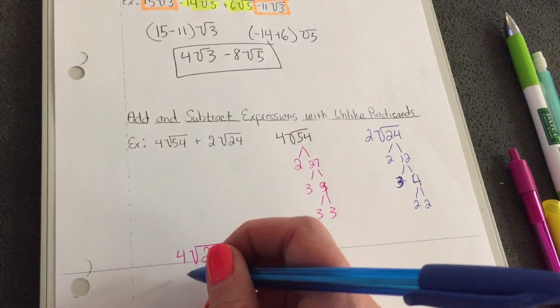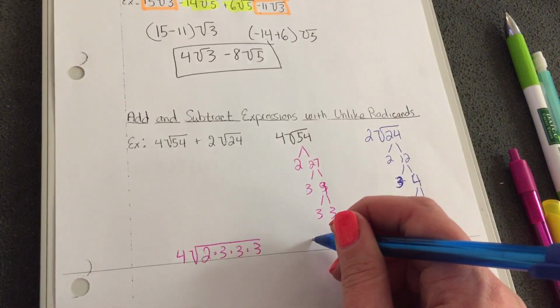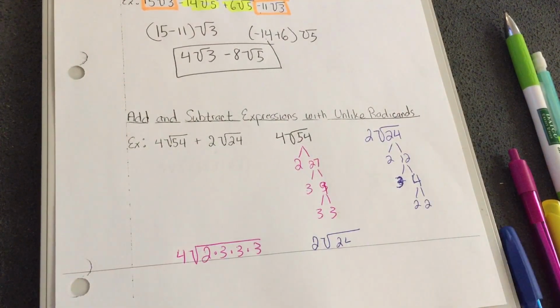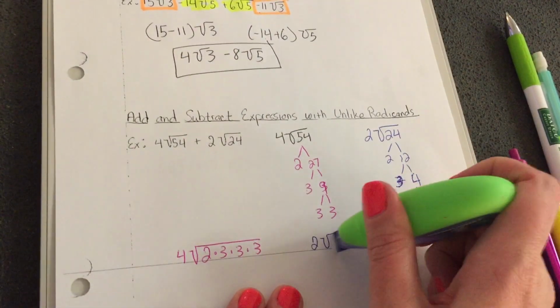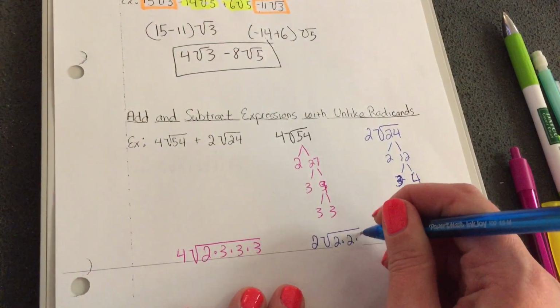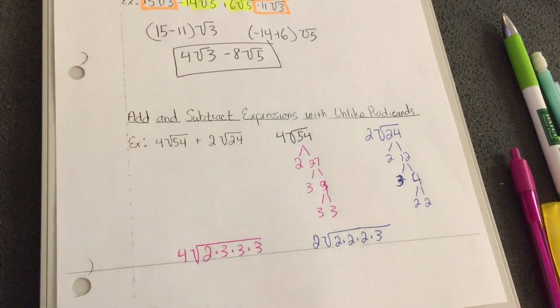In blue, I have 2 square root 24. We have to write out the factors: 2 times 3 times 2 times 2. Let's write them in order: 2 times 2 times 2 times 3.